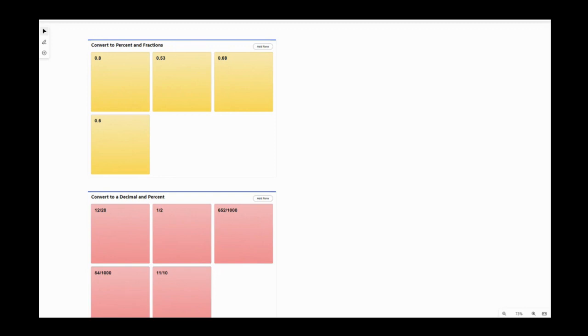Okay, so let's convert some of these into percents and then into fractions.